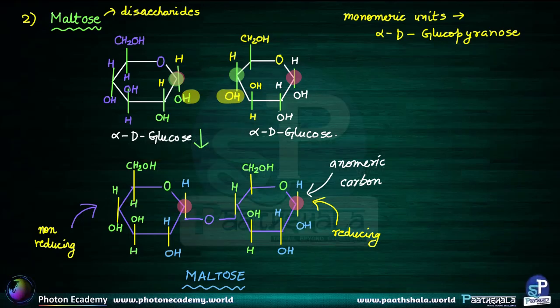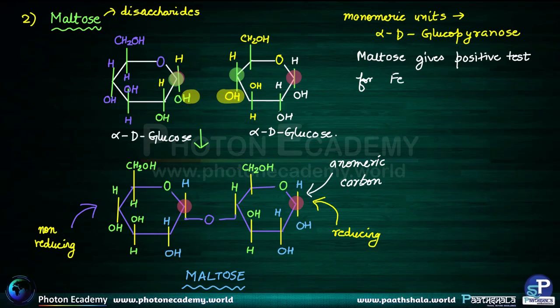So we can just write that maltose gives positive test for Fehling's and Tollens' reagent.